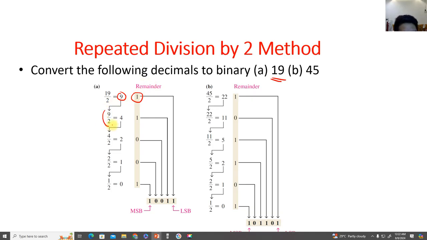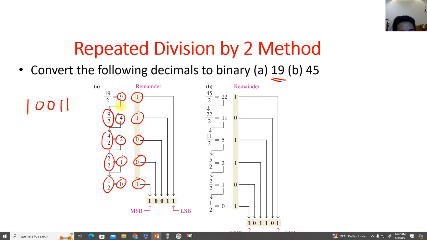And 9 divided by 2 is 4, remainder 1, because 4 times 2 is 8. And 4 divided by 2 is simply 2 without a remainder. And 2 divided by 2 is 1 with no remainder. And 1 divided by 2, of course, you'll have 0 with the remainder 1. So your answer would be 1, 1, 0, 0, 1, from the most significant bit to the least significant bit.